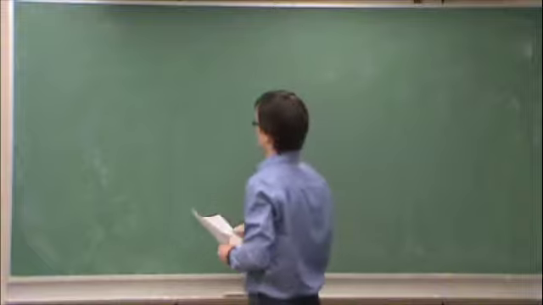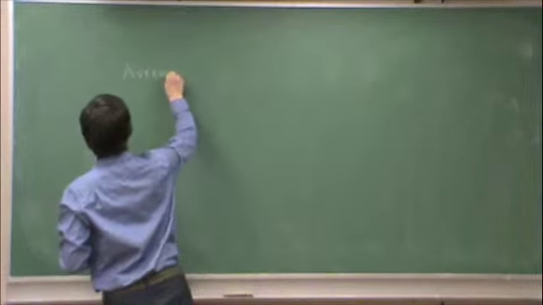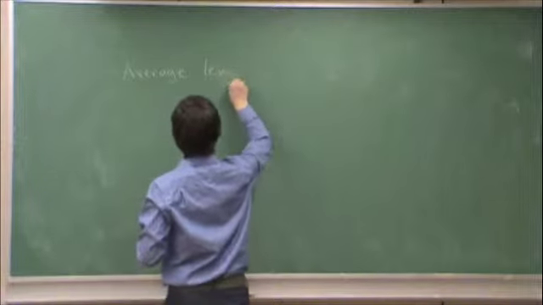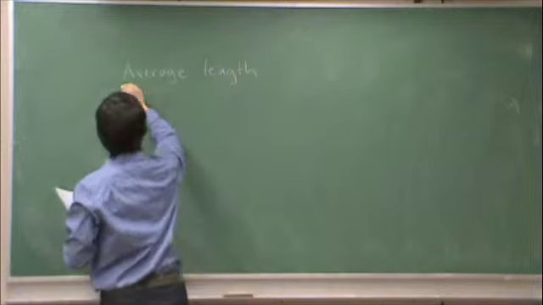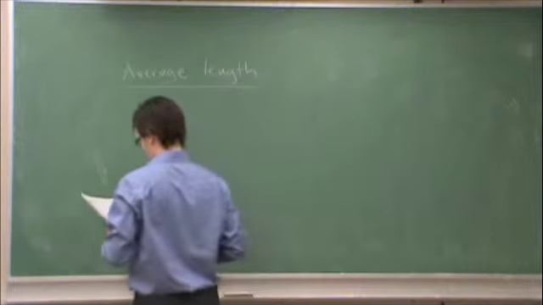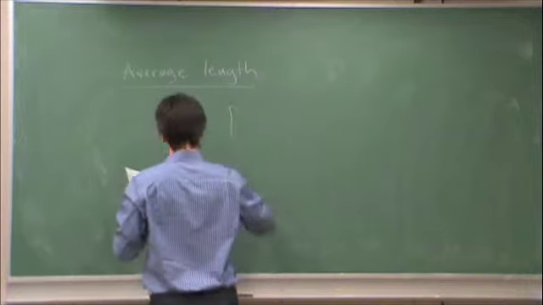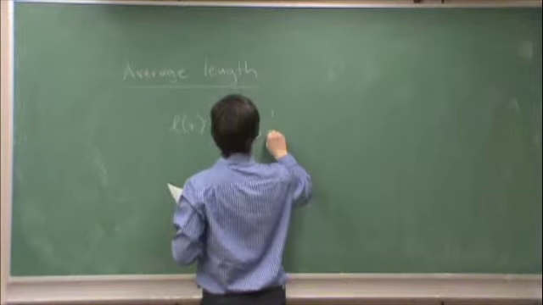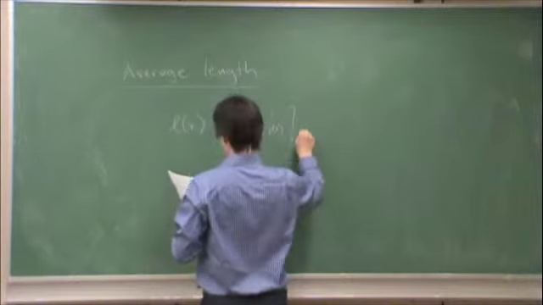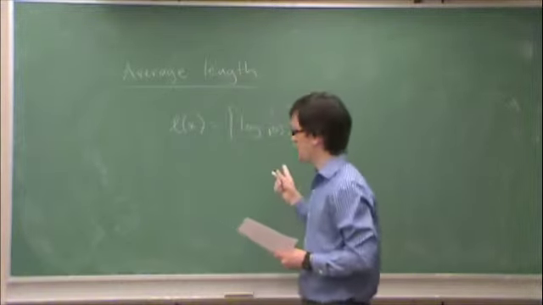So the average length of such a code. Well, I know that L of x is ceiling of log 1 over p of x, plus 1. And that's true for every code word.